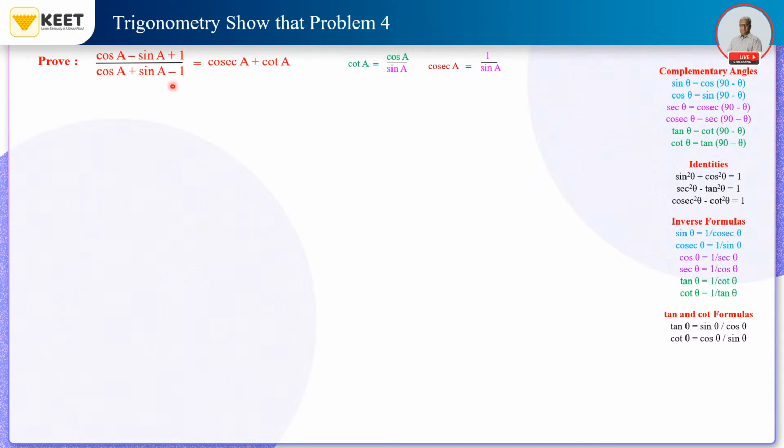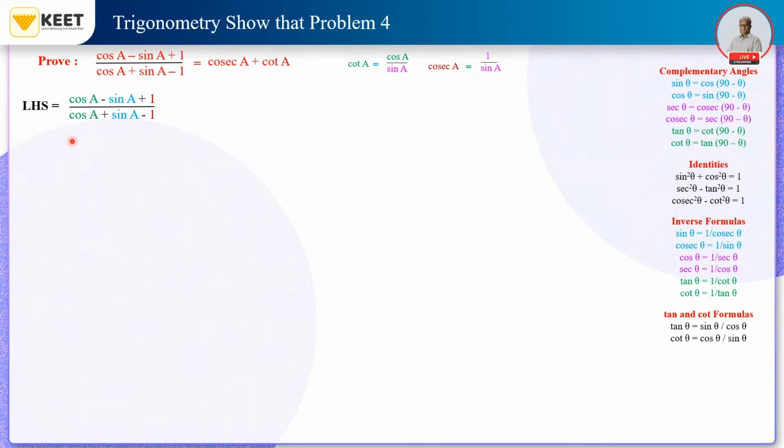Before that, just take down the left hand side. So your left hand side is there. I am making some color change. Then I will put some brackets here: cos A and sin A, cos A plus sin A. The two ratios, plus 1 is separated out in the numerator and minus 1 is separated out in the denominator.